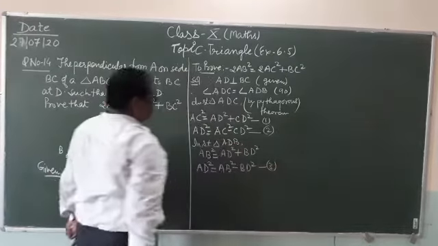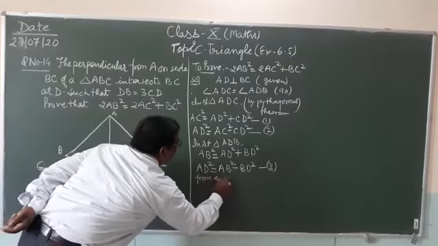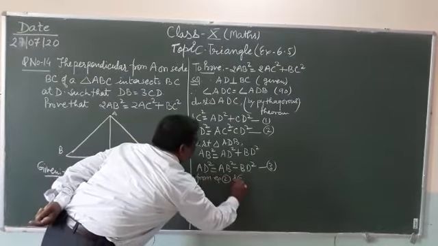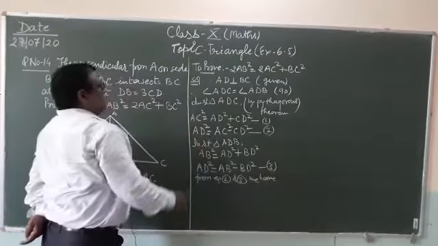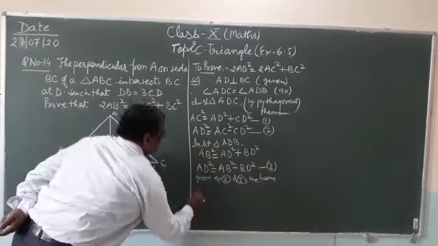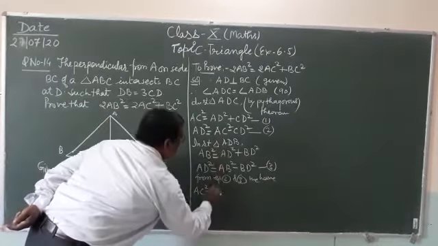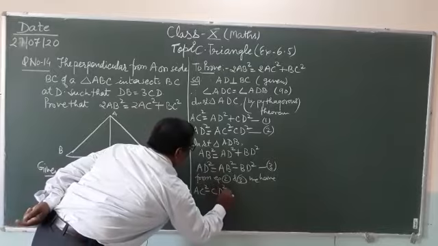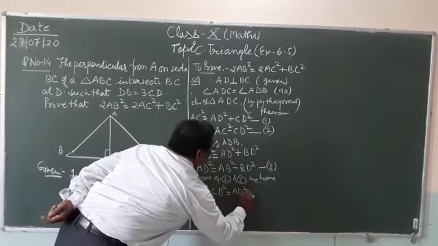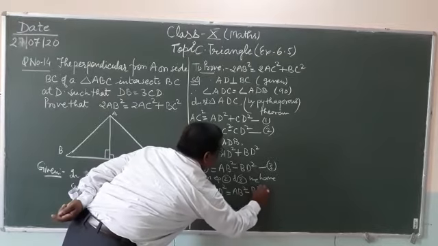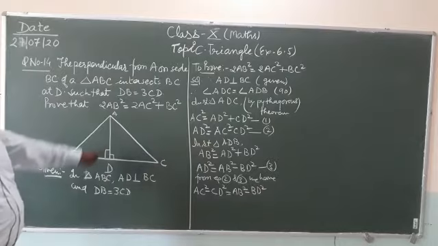From equation 2 and 3 we have AC square minus CD square is equal to AB square minus BD square. Now this is clear, and what is given?